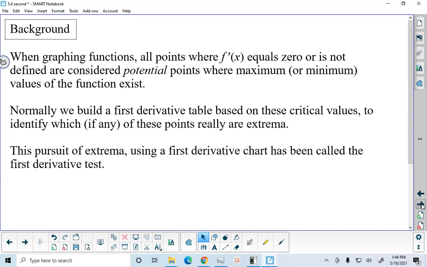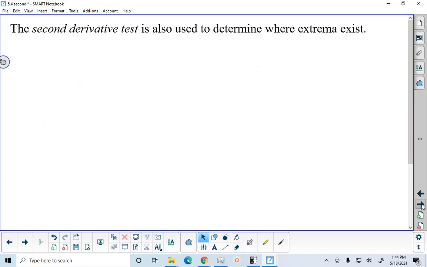The second derivative test is also used to determine max-mins. Okay, so there's a problem with the language here. What we were doing yesterday and at the beginning of today, which was finding intervals of concavity, is using the second derivative, but that's not the second derivative test.